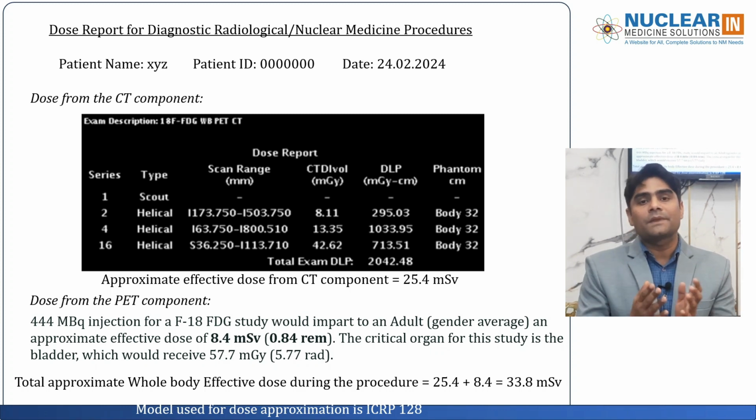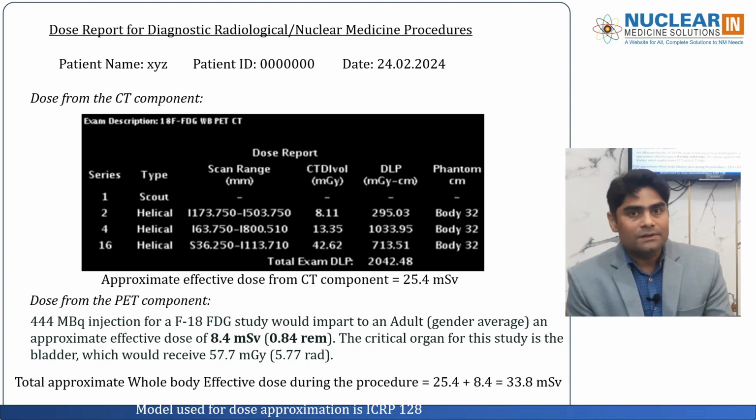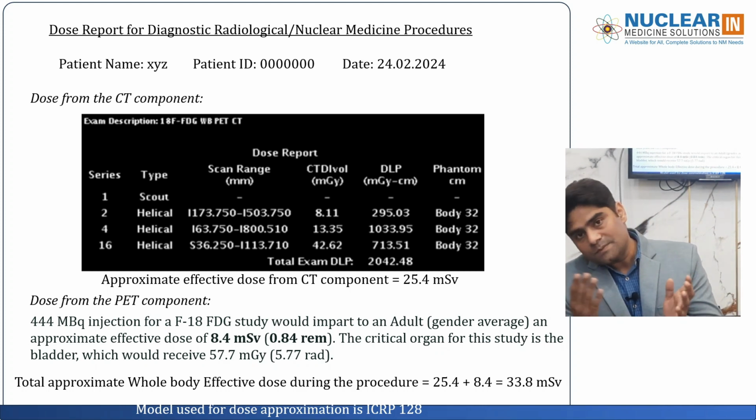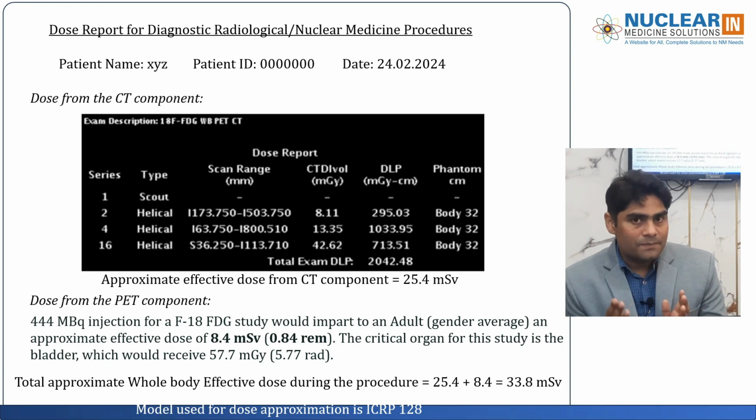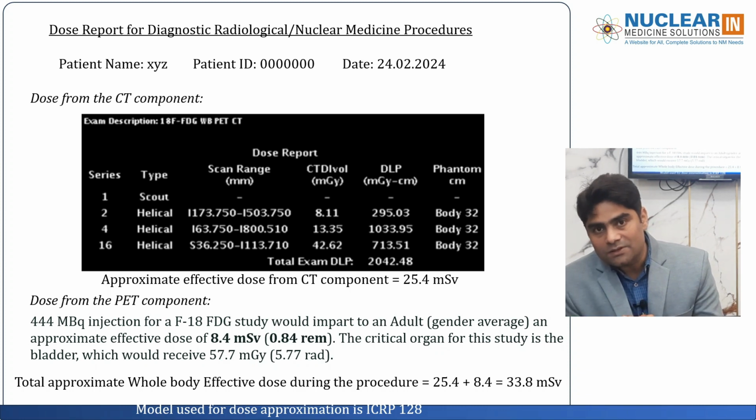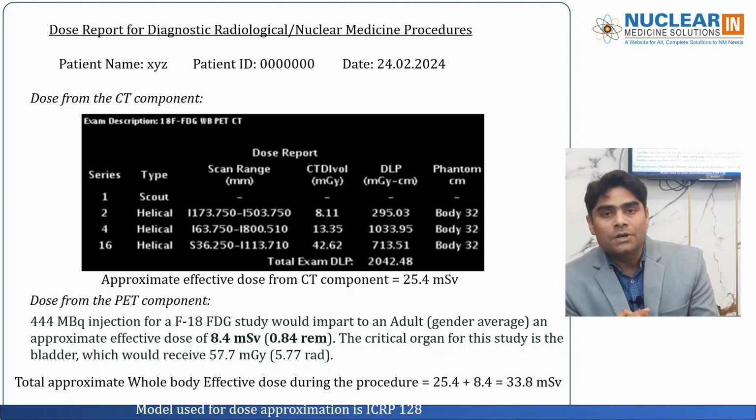But at the same time, we should not create a fear among the patients, because it may have some effect in the patient's mind that this much radiation dose we have already received, should we go for the further PET-CT or not? Because patients used to go for around 6 to 8, 10 rounds of PET-CT in their lifetime.